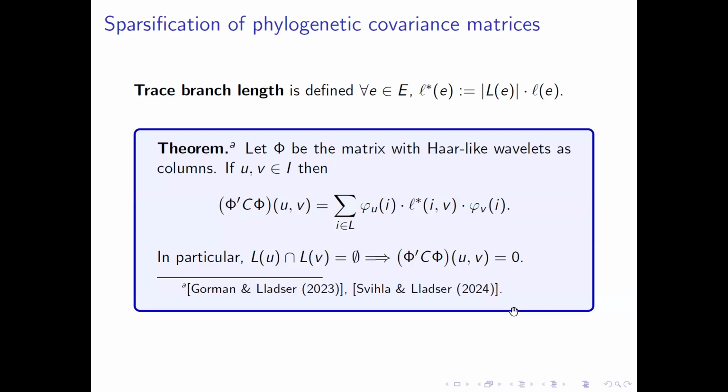And so whenever we look at the entry corresponding to two interior nodes which have disjoint leaf sets descending from them, then we get a 0 entry in our transform matrix. These sorts of interactions are what's going to actually drive the sparsification of the matrix.